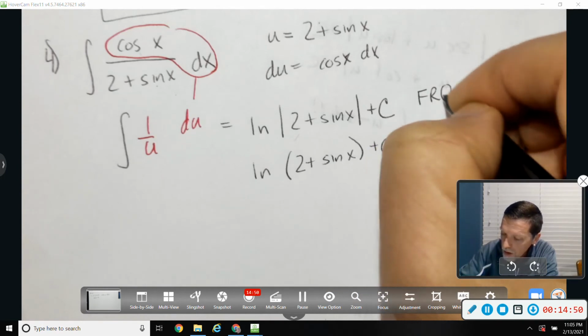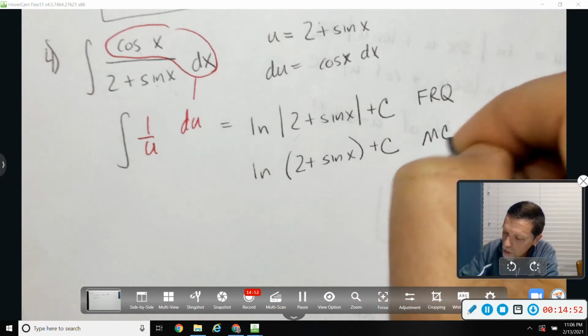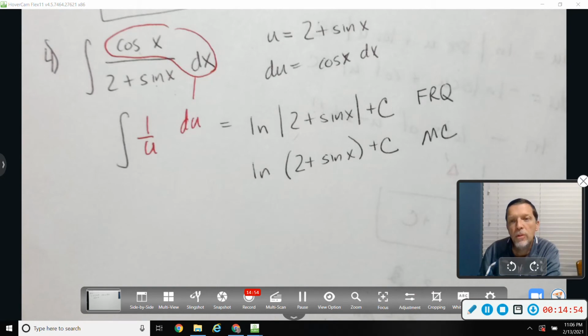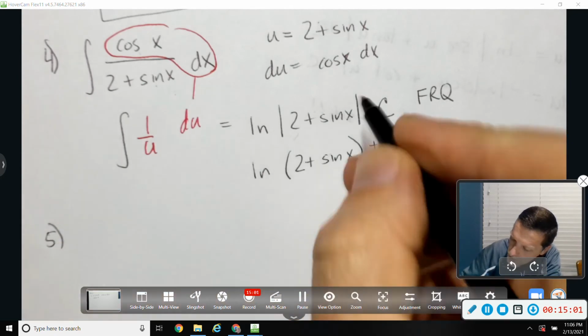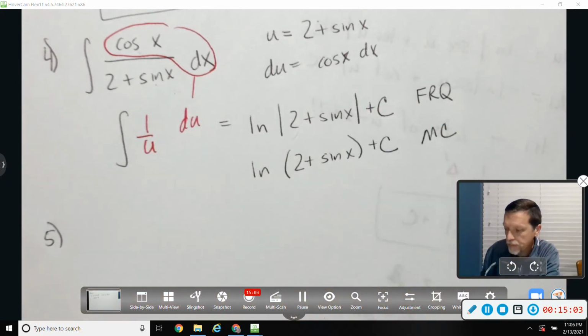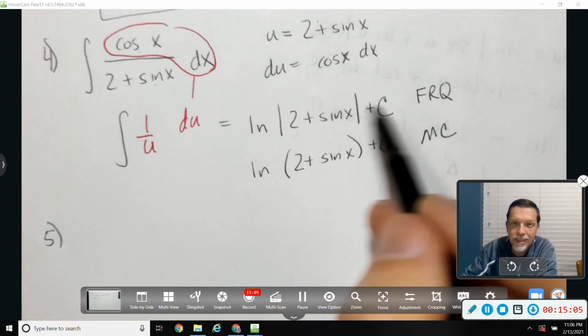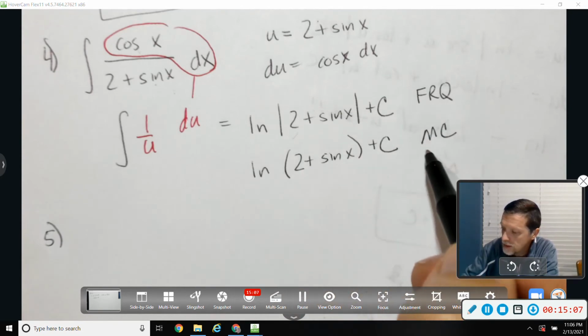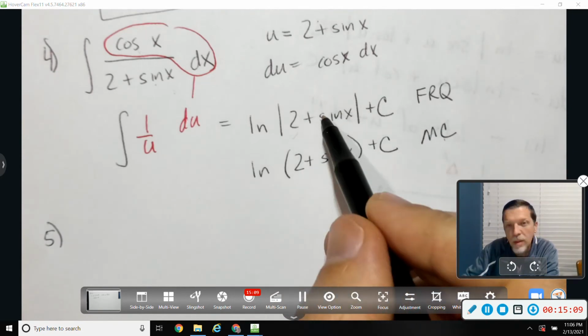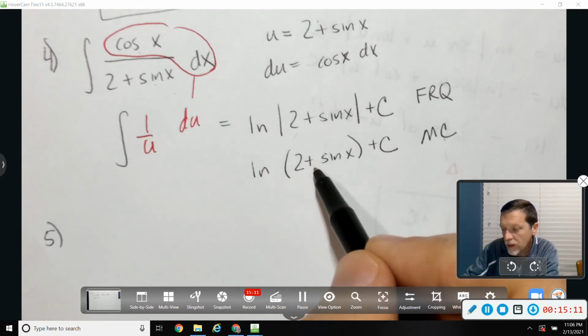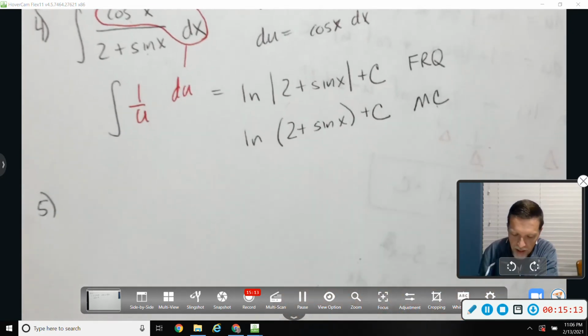It wouldn't be wrong on a free response question, but on a multiple choice question, they would probably switch those to parentheses because this is always positive. It's not something you have to worry about. And on a multiple choice test, they wouldn't put both answers because they're both correct. They would just give them a more simplified answer.